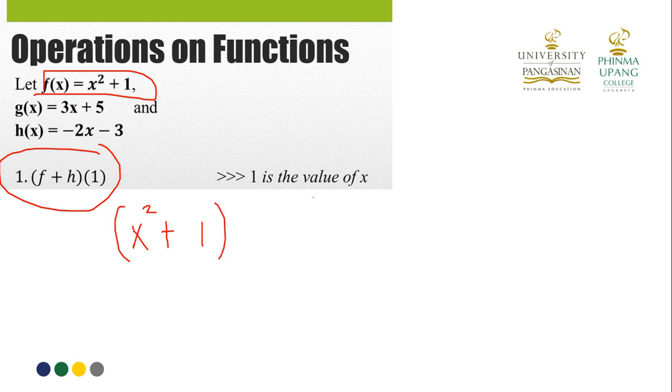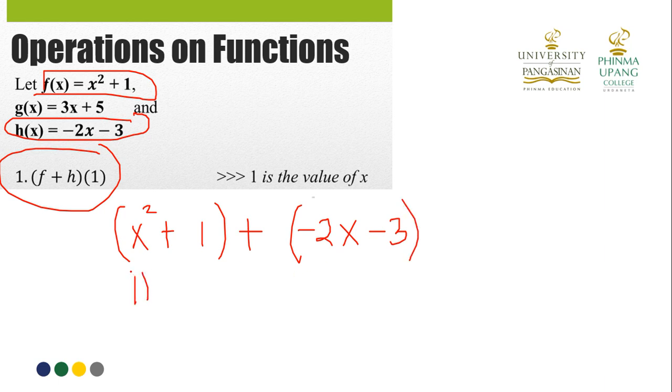Next, we will add it to the value of our h, which is negative 2x minus 3. Then, let's replace the value of x with 1. So, this is 1 squared plus 1 plus negative 2, 1 minus 3. So, what is 1 squared?